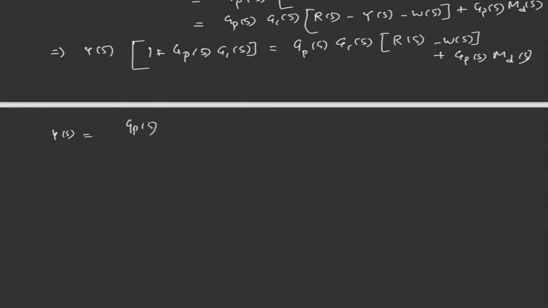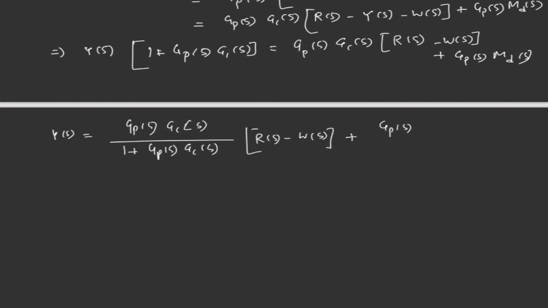GP of S GC of S over 1 plus GP of S GC of S into RS minus WS, plus GP of S over 1 plus GP of S GC of S into MDS.